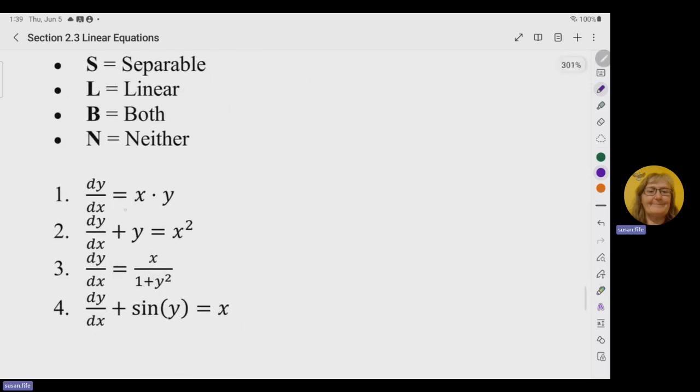So if we look at question number 1, you should be able to easily look at an equation and determine if it's linear. To be linear, your derivative has to be linear, and any of your dependent variables have to be linear, like y to the first, linear, y to the first, linear, y squared, not linear.